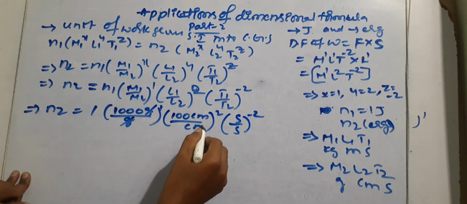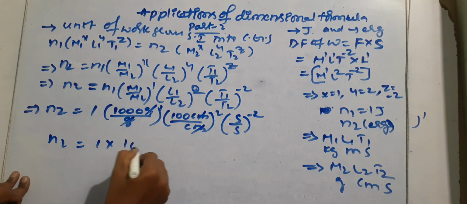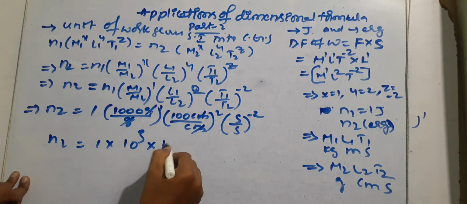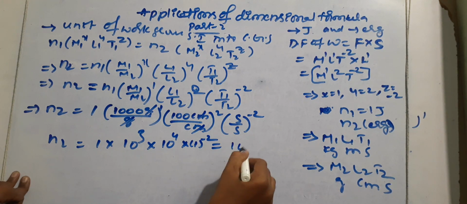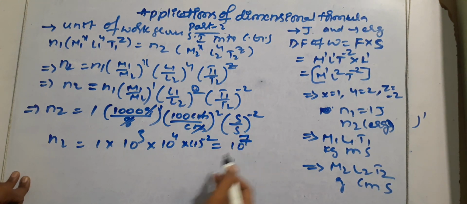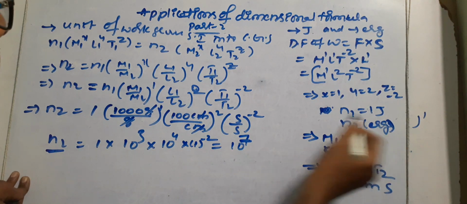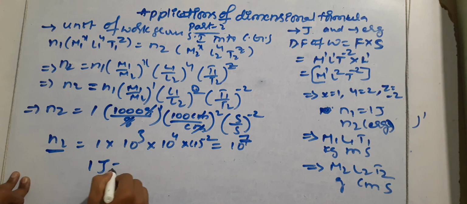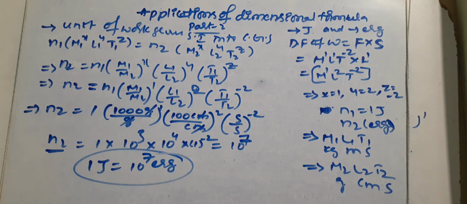Gram, gram, centimeter, centimeter cancel. So N2 is equal to 10 cubed, students. 100 whole square means 10 power 4, and this is 1 whole power minus 2, that is 10 power 7. N2 is taken in the form of ergs. That is why 1 joule is equal to 10 power 7 ergs. So like that we can calculate, students.